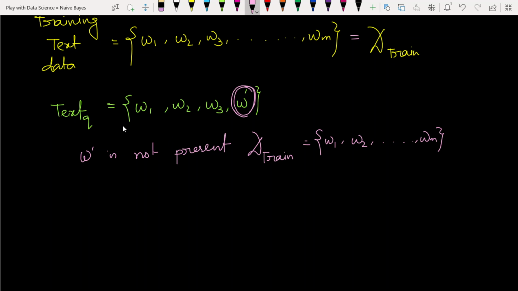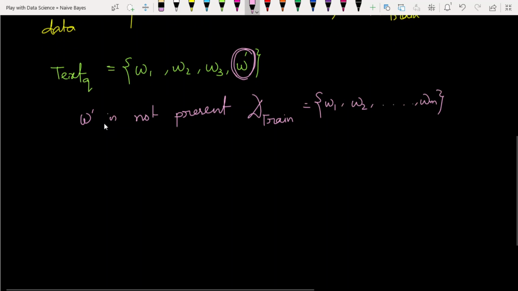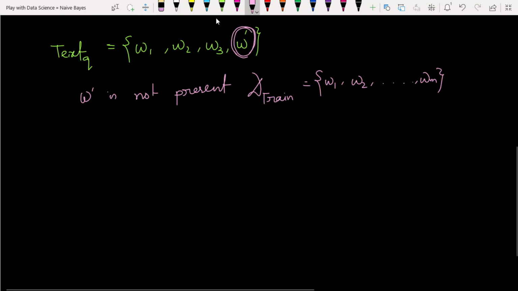Now, at runtime, we are interested in calculating the probability of class label 1 for the given query text.